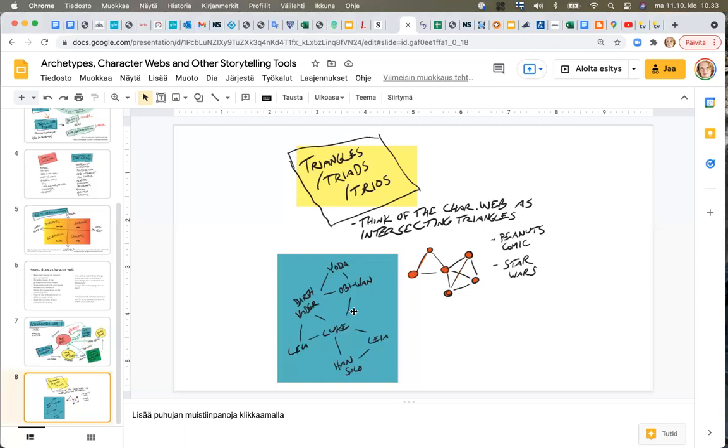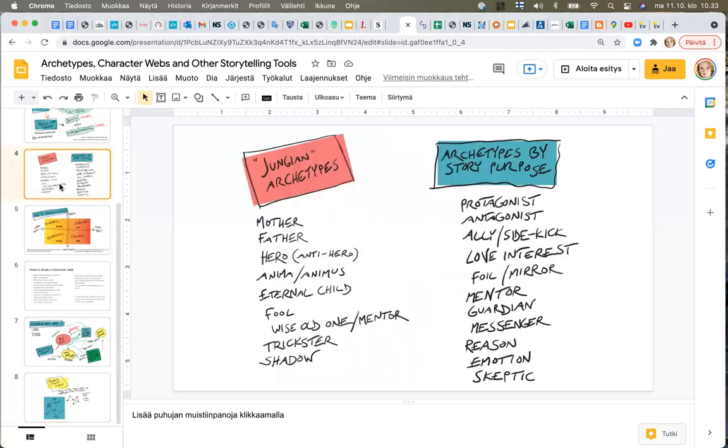Then you have been talking about character functions with the other teachers, I think. So here's just a reminder of these so-called Jungian archetypes. And then we have archetypes by story purpose. I've mentioned these, and others have mentioned these as well, that we have the protagonist and antagonist. There's the ally or sidekick or foil.